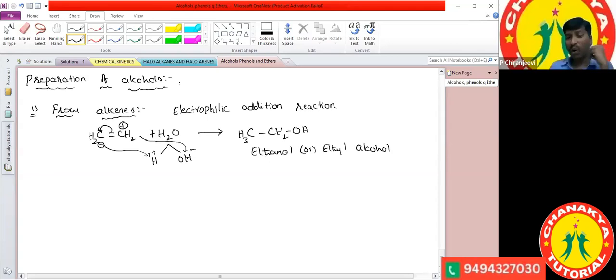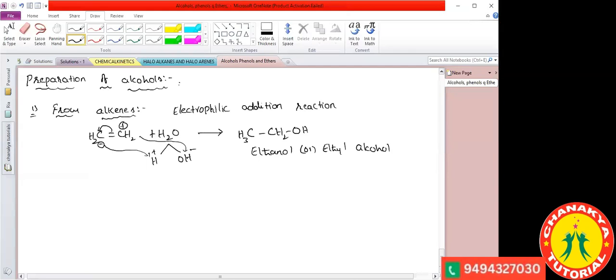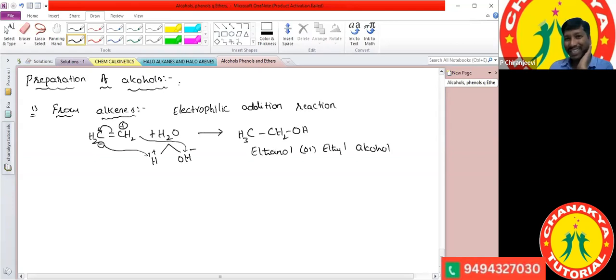Now, whatever the alcohol that is formed, either it is a primary alcohol or secondary alcohol or tertiary alcohol, ma. Secondary alcohol, sir. Check it out, Ritu. Slowly. Don't get tense. Whatever the alcohol formed, either it is primary or secondary or tertiary, 1 degree, 2 degree or 3 degree.